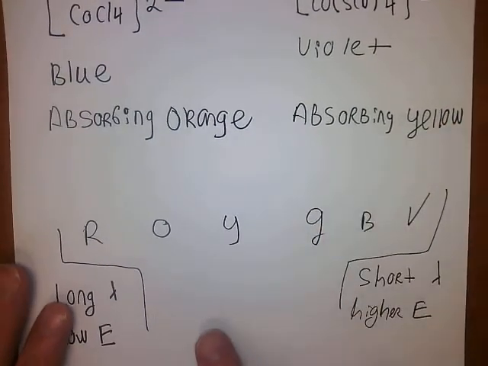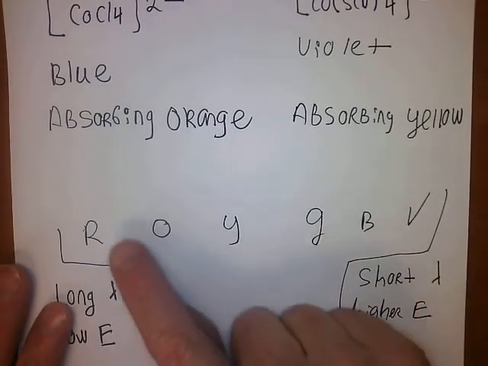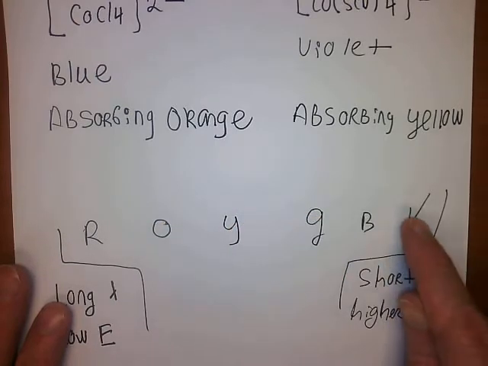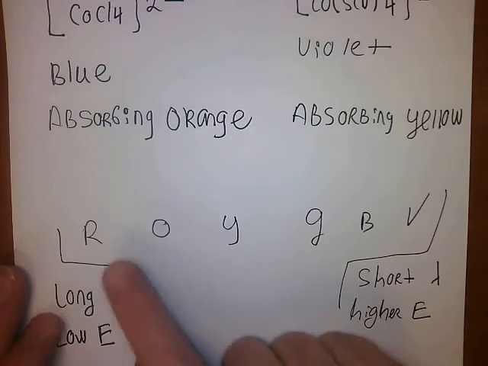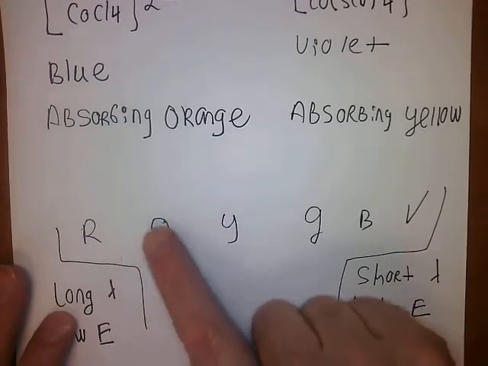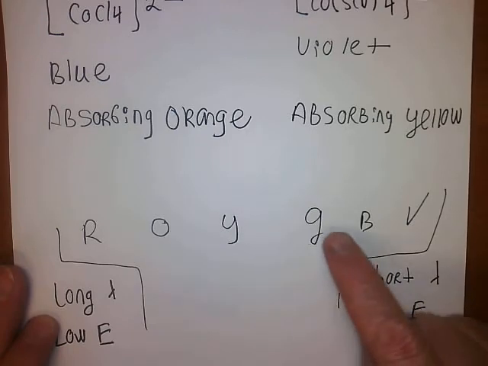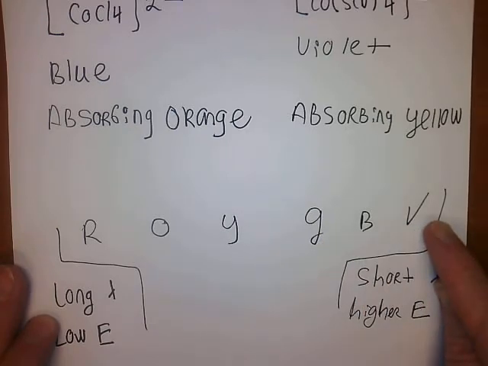So we take the entire spectrum, red, orange, yellow, green, blue, and violet, right? Or as the old adage goes, ROY G BV. So as we go this way, we're going towards decreasing wavelength and increasing energy. The shorter the wavelength, the higher energy.